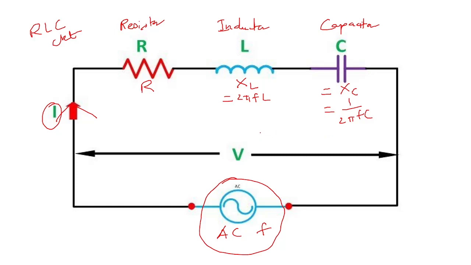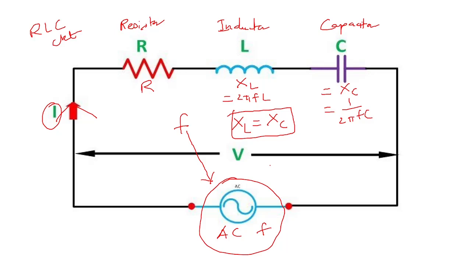Now series resonance will take place if the reactance of the inductor is equal to the reactance of the capacitor. This happens at a particular frequency F of the source, at which the inductive reactance equals the capacitive reactance.